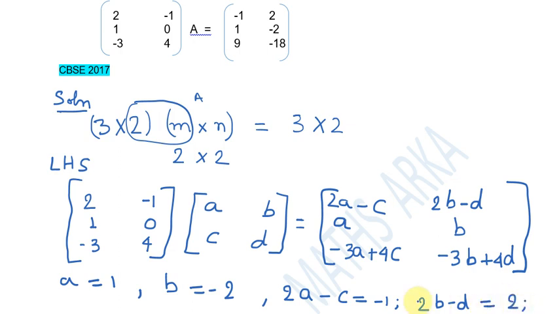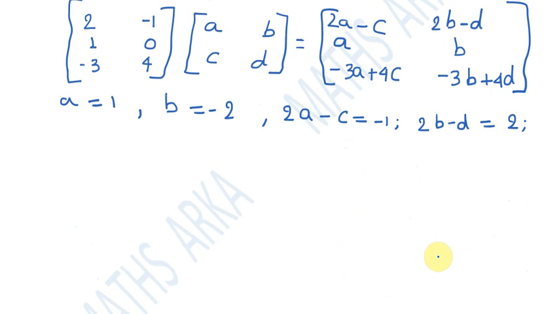So with these equations, I think we will be able to solve it. Or even you can take these equations as well: minus 3A plus 4C is equal to 9, and minus 3B plus 4D is equal to minus 18. Even you would be able to solve from those as well. But let's just use these equations to solve it.